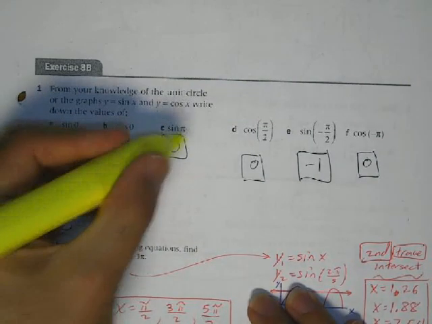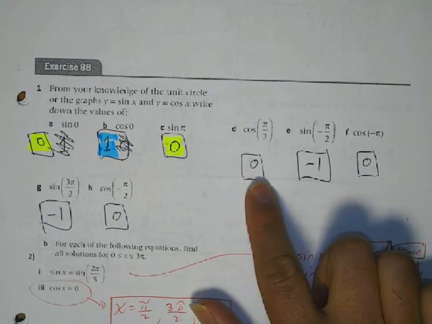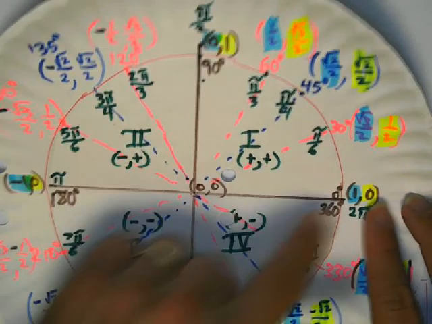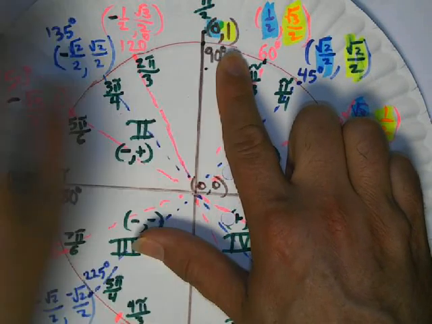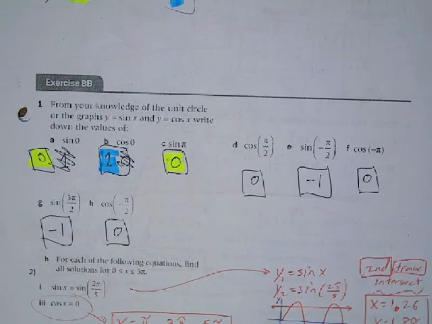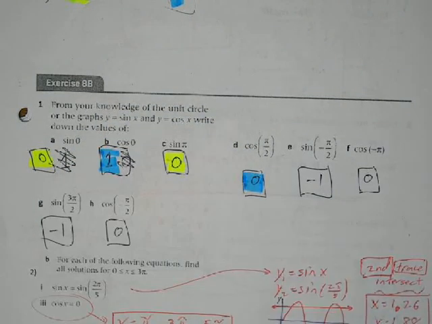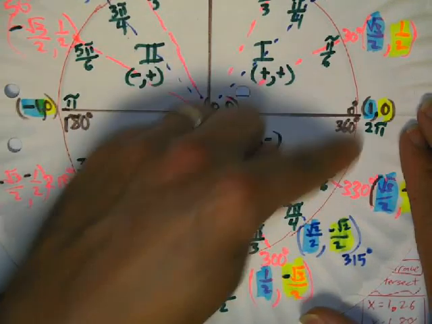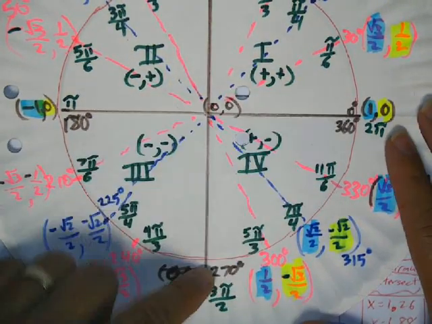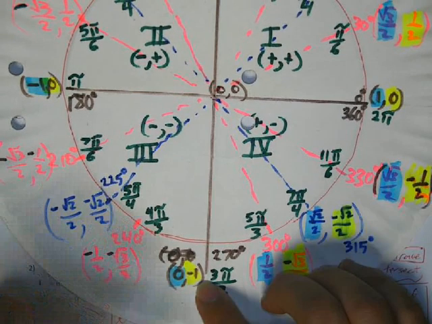I hope you're starting to see the pattern here. Cosine of pi over 2, cosine is the x value, pi over 2, we're at 0. Sine of negative pi over 2, I'm going clockwise down to here, and sine is the y value, I'm at negative 1.